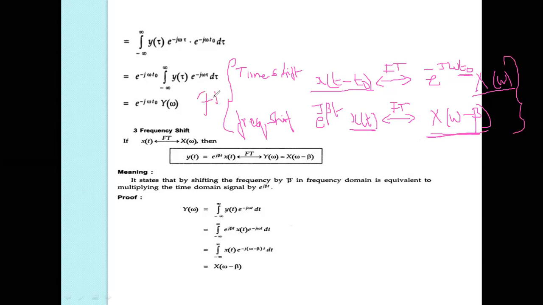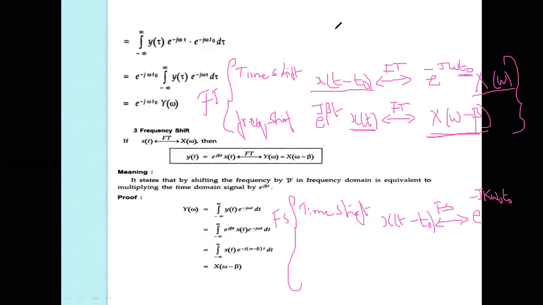What is the Fourier series? See, in the Fourier series, the time shift x of t minus t naught is for the time domain signal only. But here we are applying the Fourier series, not the Fourier transformation. So e power minus j k omega naught t naught. The samples is t naught here, my dear students.